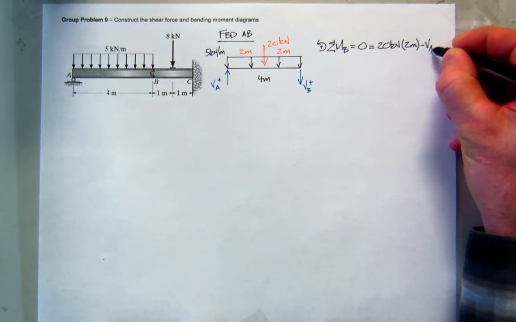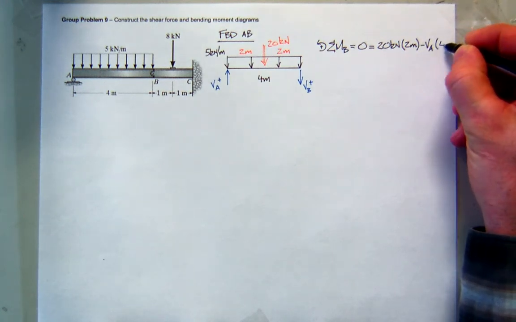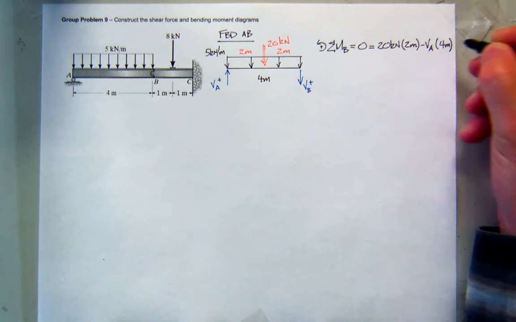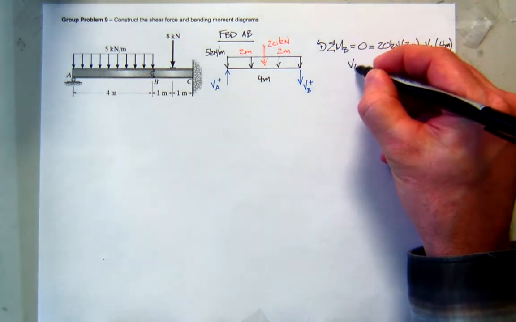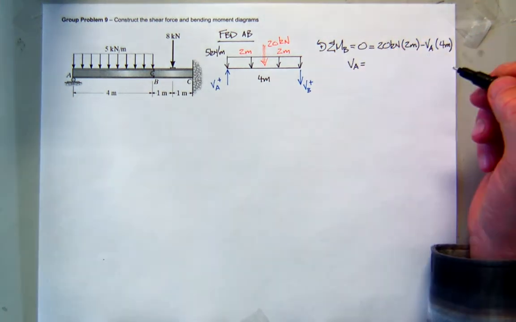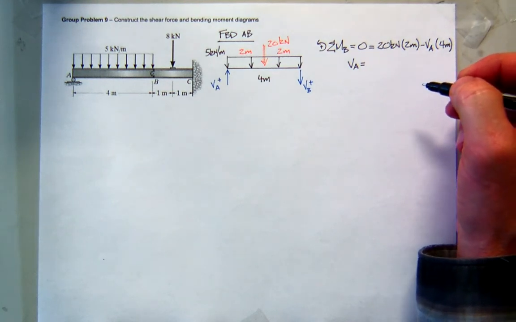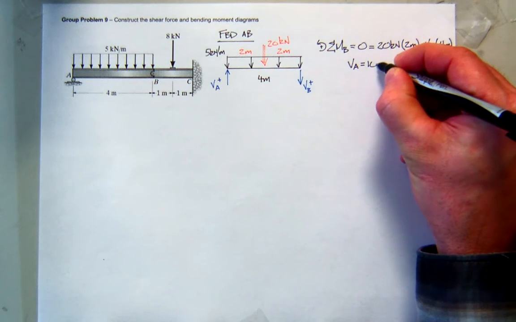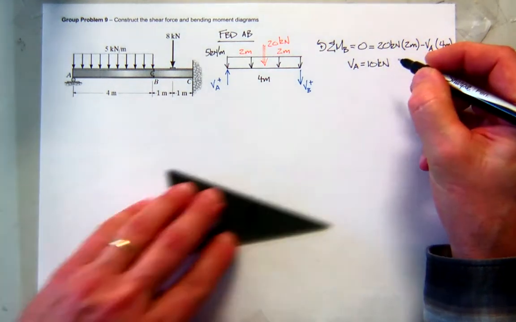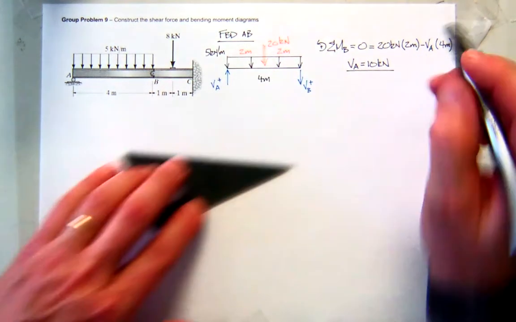So I have a force of the shear times a distance of 4. And that's not hard to solve for. You can find the shear at A is equal to, what is that? 10? Yeah, 10. And it's positive. So I have positive shear at A.